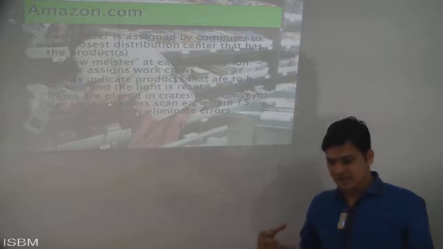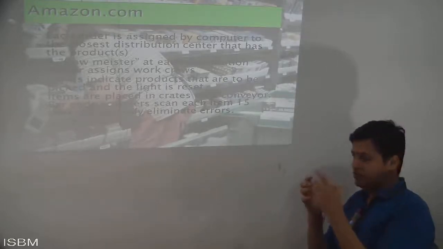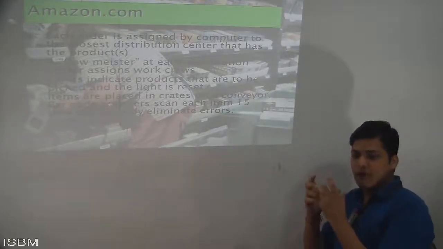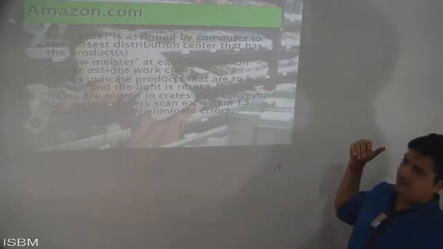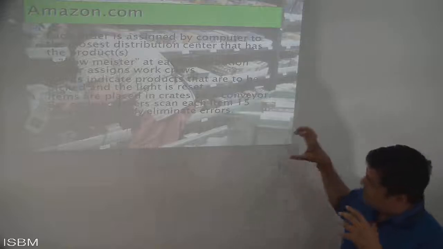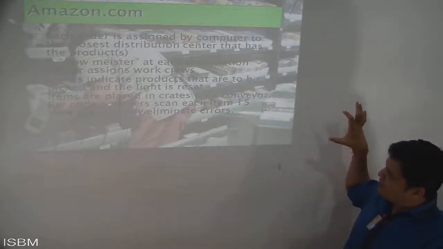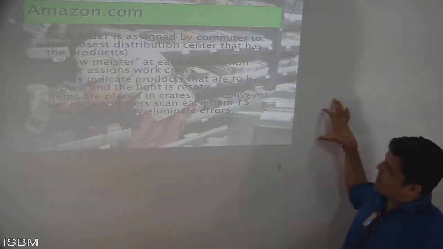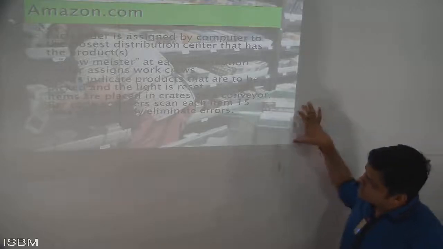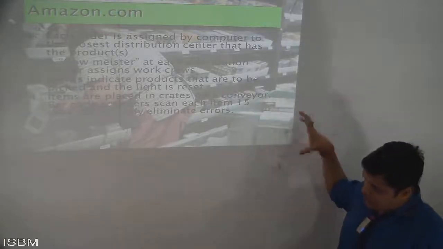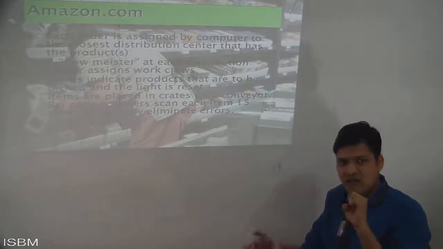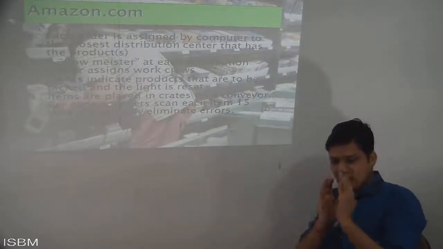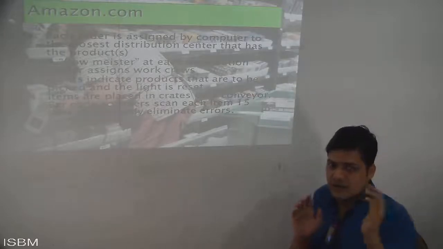So these products have their barcode. Maybe you have seen somewhere that they have a barcode. These barcodes go through a machine, and the machine captures the barcode and sends that barcode data to their database center.